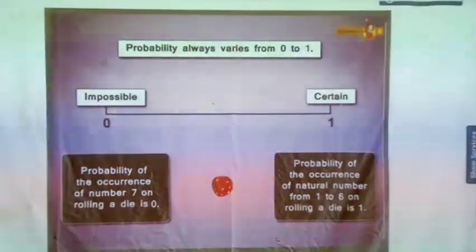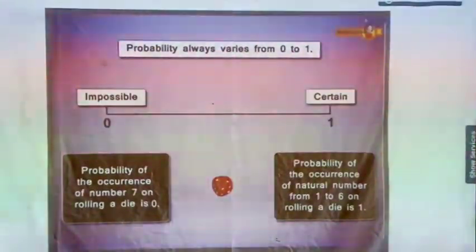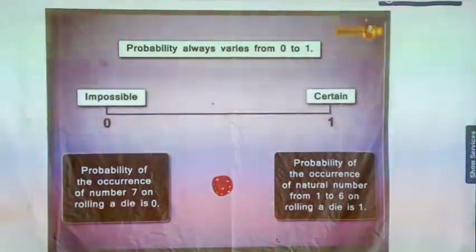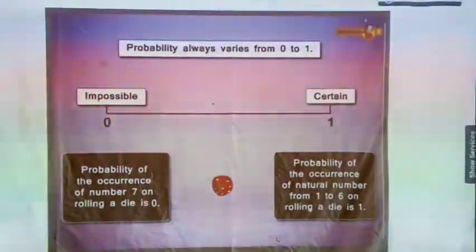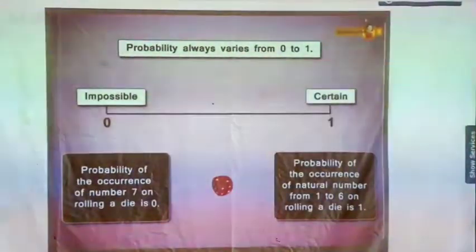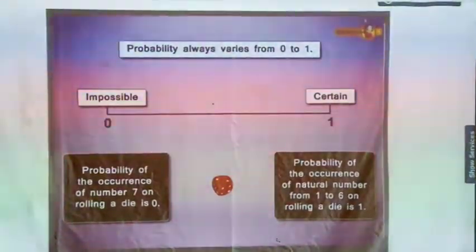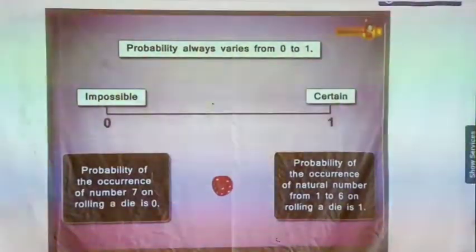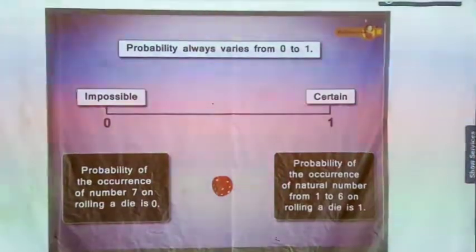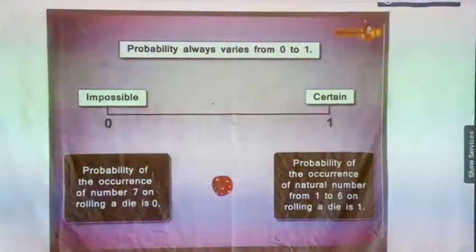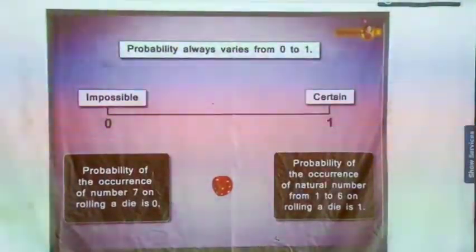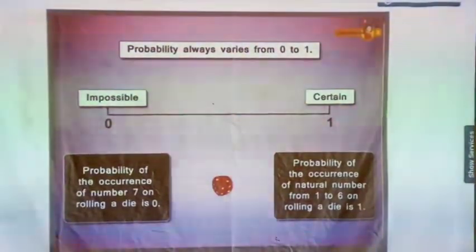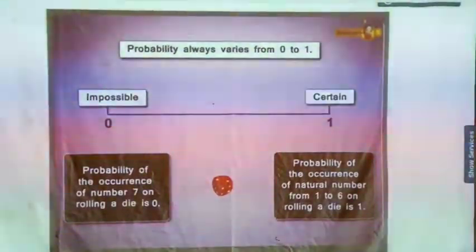For example, the occurrence of a natural number each time we roll a die is certain. Hence, the value of probability of this event is 1. Although we cannot predict outcomes of an event with absolute certainty, probability gives us an idea how likely a particular outcome might occur.